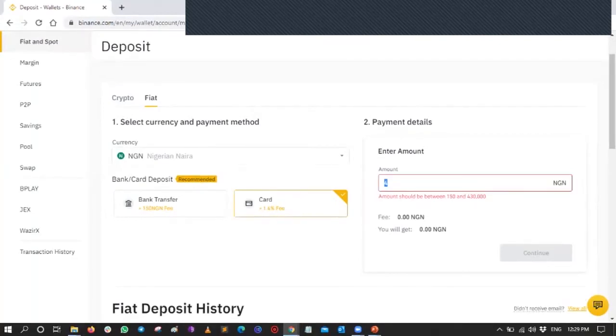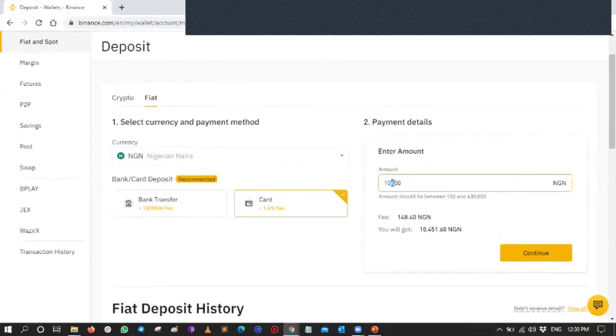Okay, let's say 5,000. Or just let me say maybe 2,000, or 3,000. One thing I love about this part is that there's one trick on this card. You can see it's 1.4%. So anything less than maybe 10,500, you can see that will be charged 140.